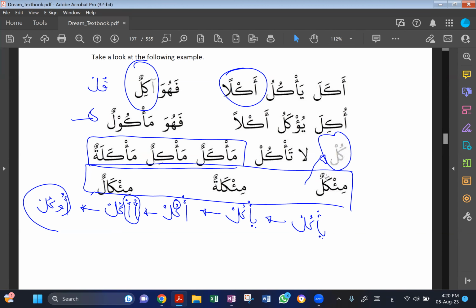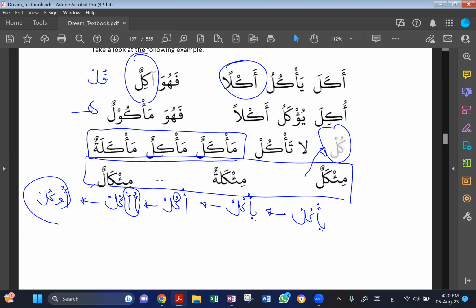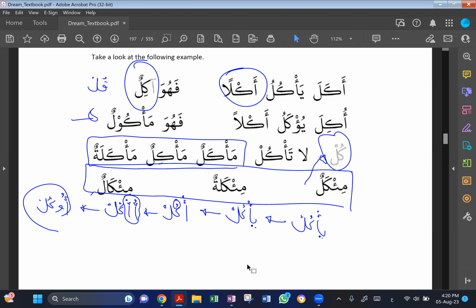But these are the main ones. You can just remember the first one, mi'kalun. If you remember the first one, then the second one, you just add a ta marbuta, so it becomes mi'kalatun. And for the last one, you just add an alif, mi'kalun. Pretty simple to remember, actually. Any questions on that?